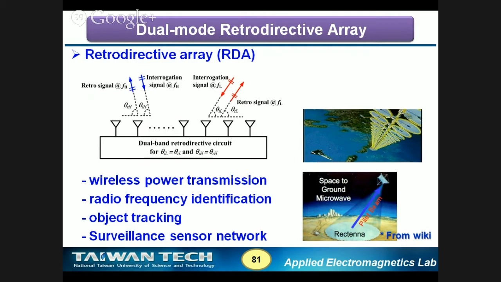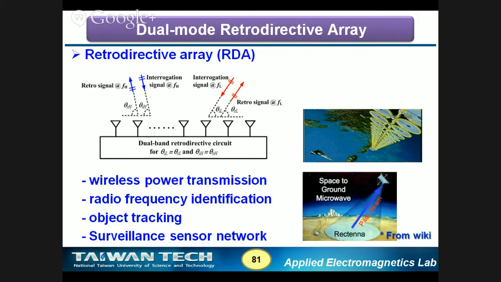Then we can convert the microwave energy into DC energy and feed our electrical network or something else. But think about the case: what would happen if there is a misalignment between your satellite and your rectenna? Misalignment.